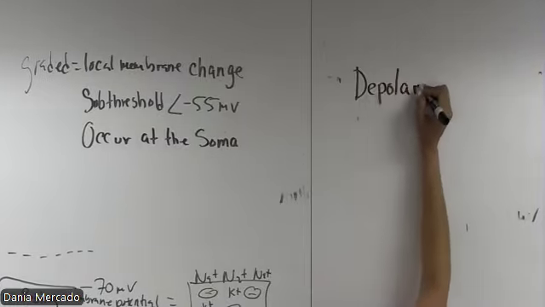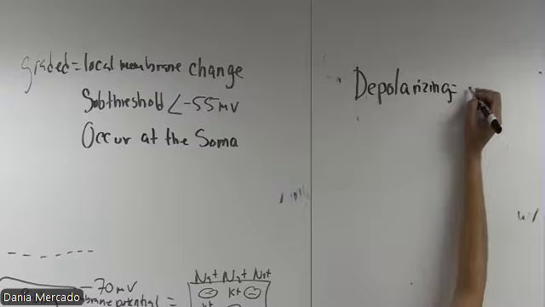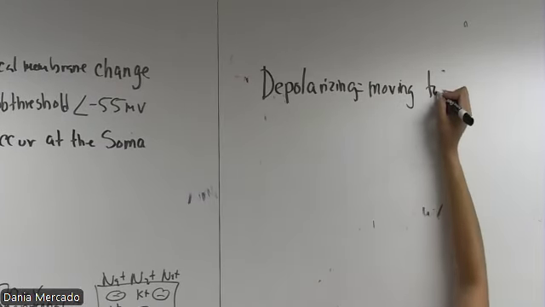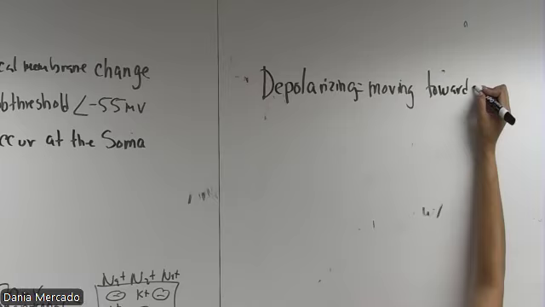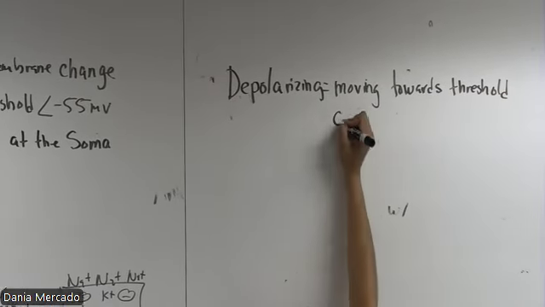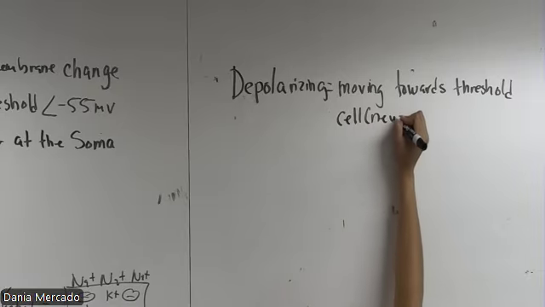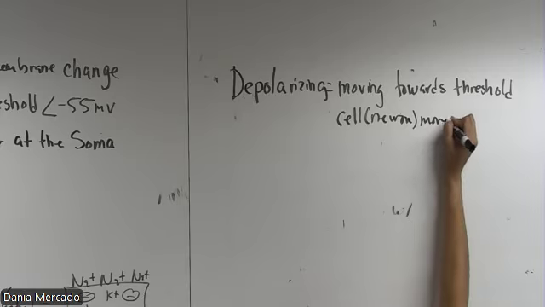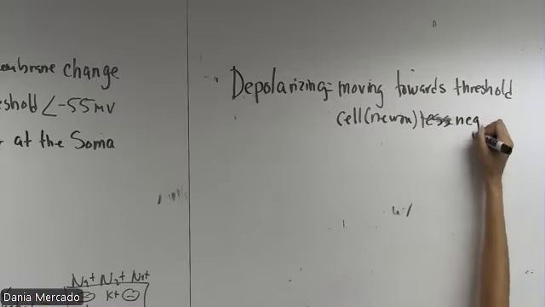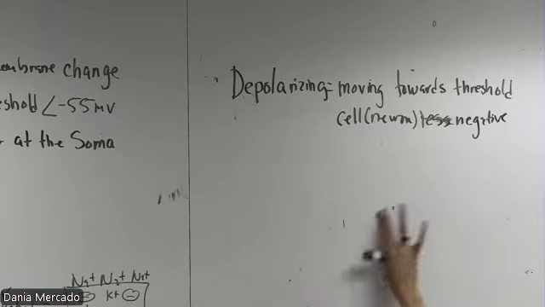Depolarizing. Depolarizing equals moving towards threshold. In other words, making the cell, the neuron, less negative. I was going to say more positive, but let's say less negative, okay? Less negative, okay? So it's bringing it closer to the negative 55.